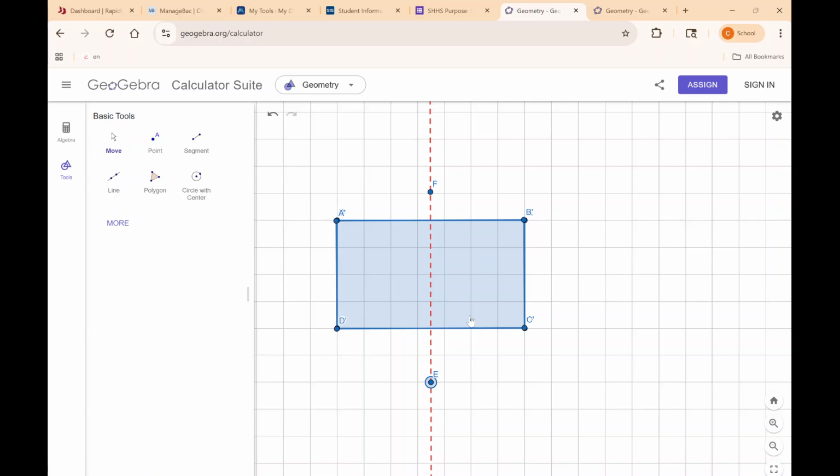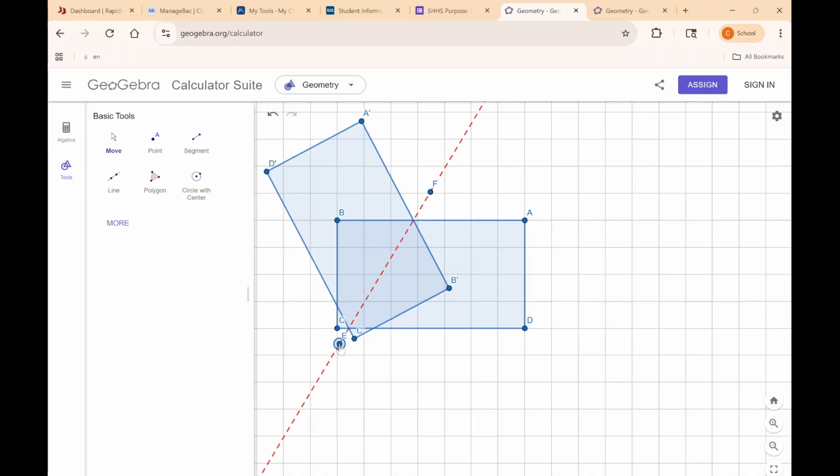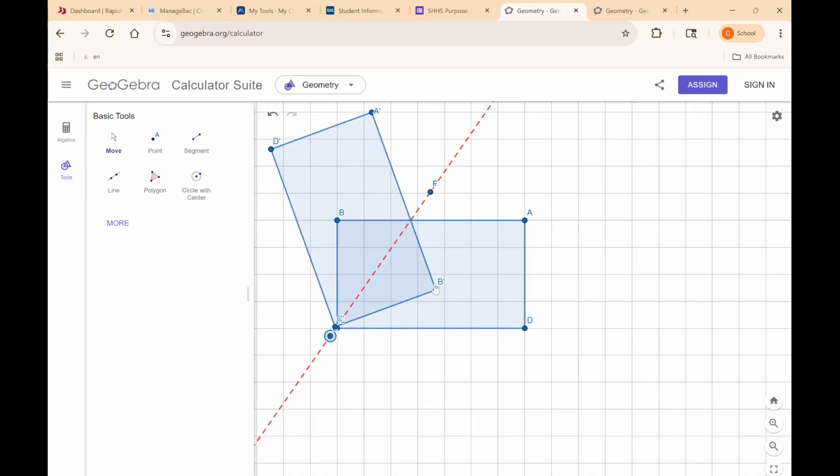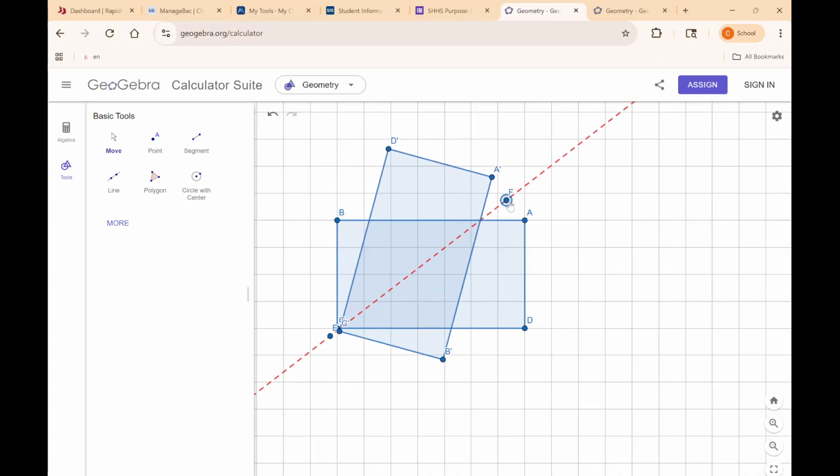All right, a common guess of a line of symmetry is, what about if we went diagonals, like corner to corner? Could we have a line of symmetry going that way? Well, let's see. Let's move our line of symmetry. So that's on the diagonals.